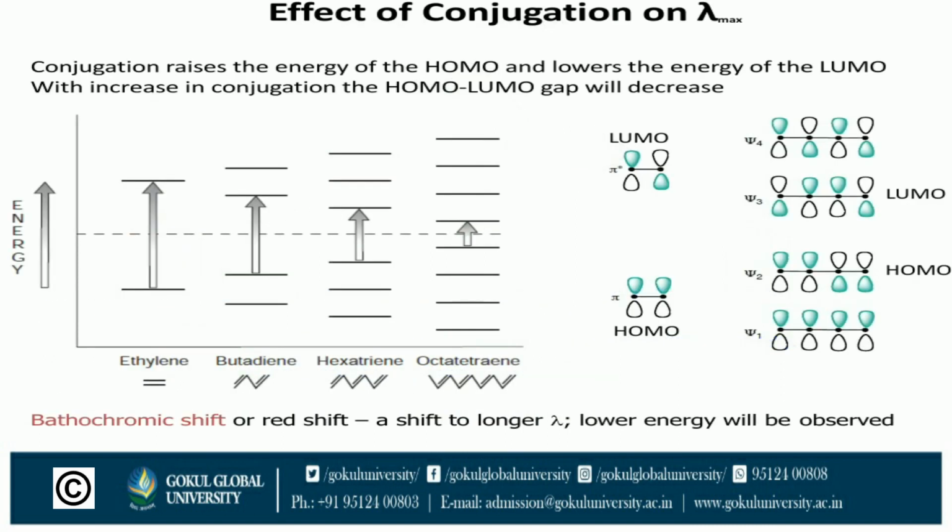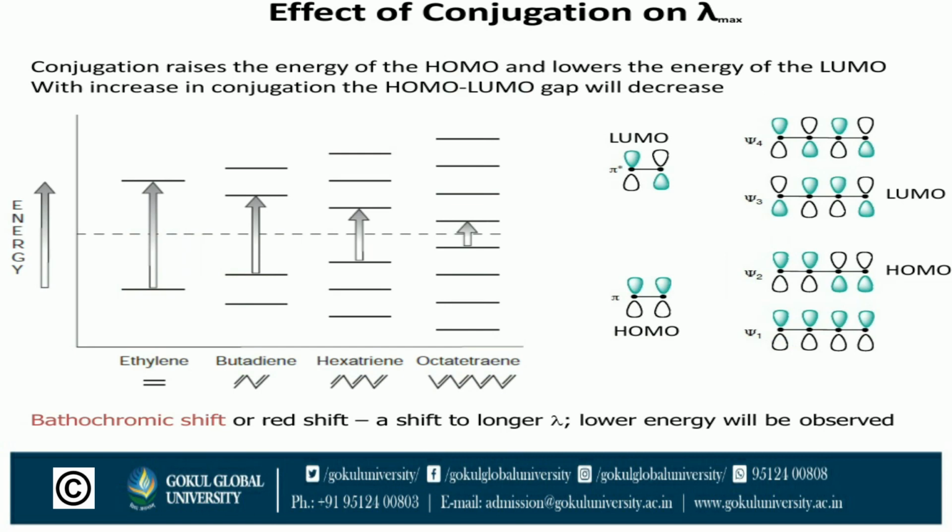Now the effect of conjugation on lambda max. Conjugation raises the energy of the HOMO and lowers the energy of the LUMO. With an increase in conjugation, the HOMO-LUMO gap will decrease.